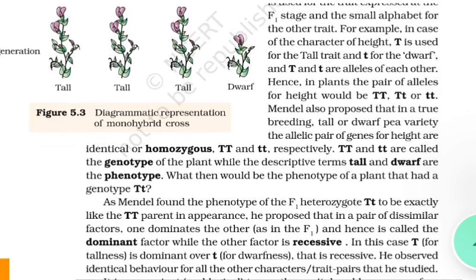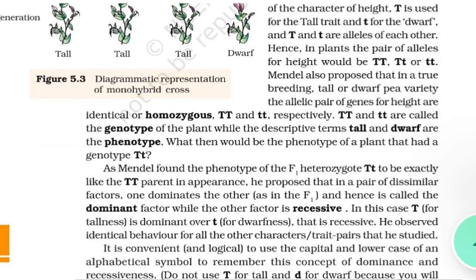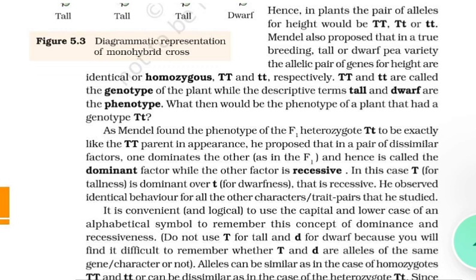Double capital T is called homozygous, and double small t is also called homozygous, respectively. Double capital T and double small t are called the genotypes of the plant, while the descriptive terms tall and dwarf are the phenotypes.